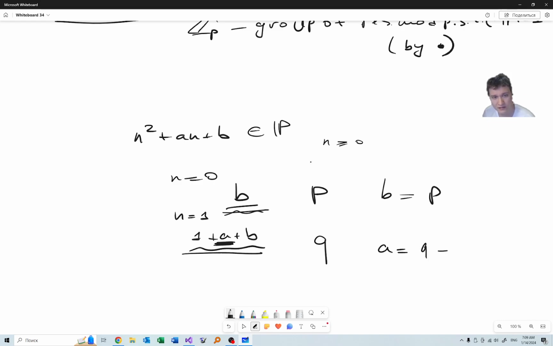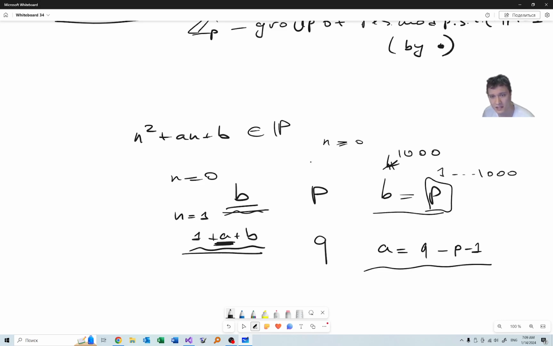Equals q minus p minus 1. So since I want these two numbers to be at most 1000 by absolute value, this means that b should be just any prime from 1 to 1000. And a should be, here q should be taken accordingly. So q should be from 1 to 2001. Okay, I consider them. Then I just check the primality easily.